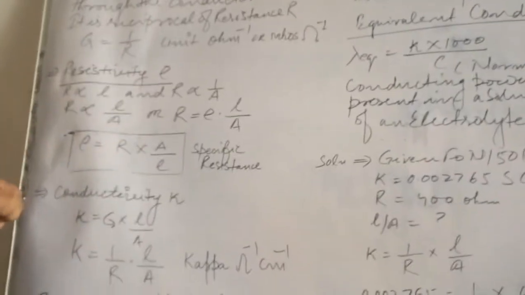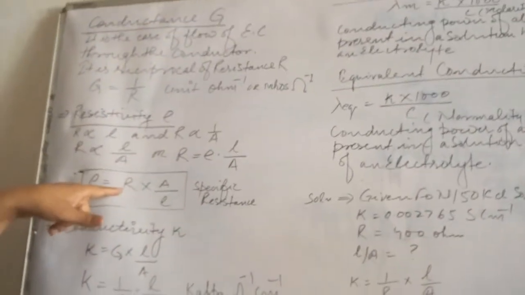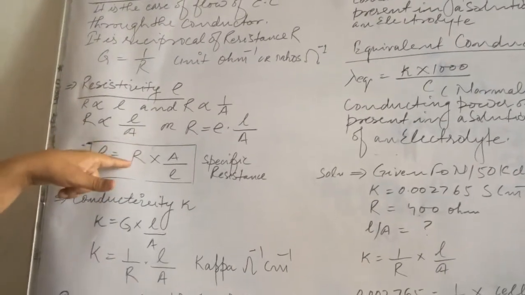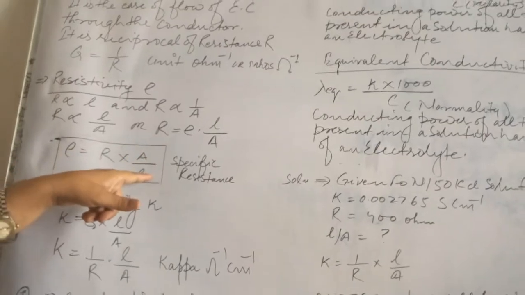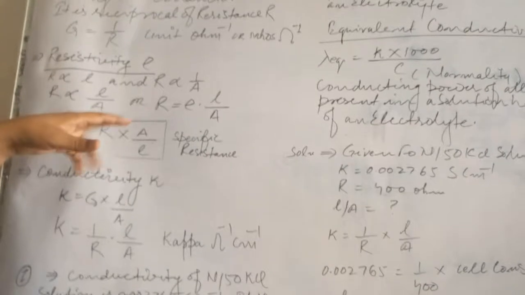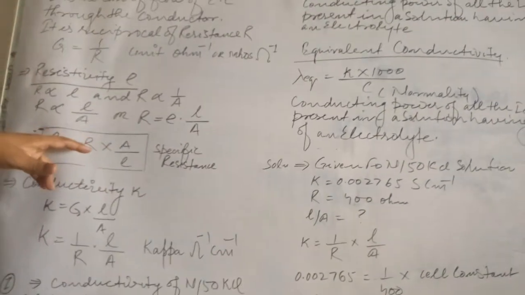What will be its unit? Children, you know the unit of resistance R is ohm, and area upon L will be per centimeter, so the unit is ohm centimeter.